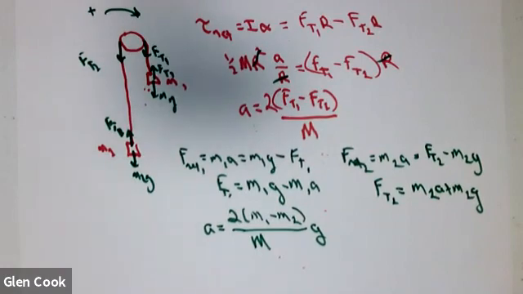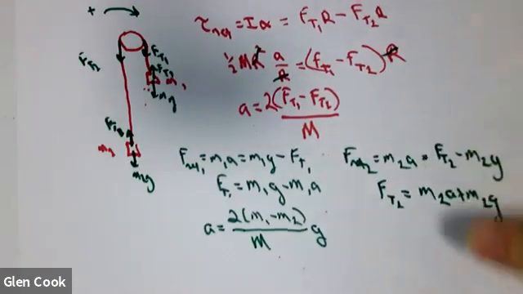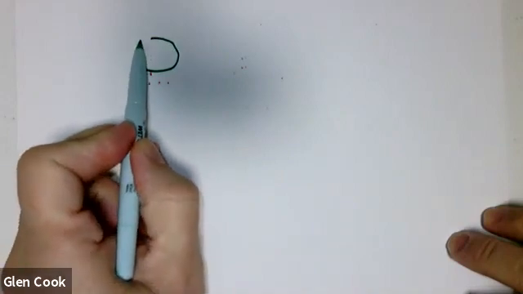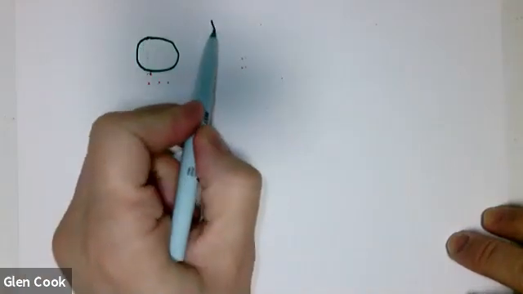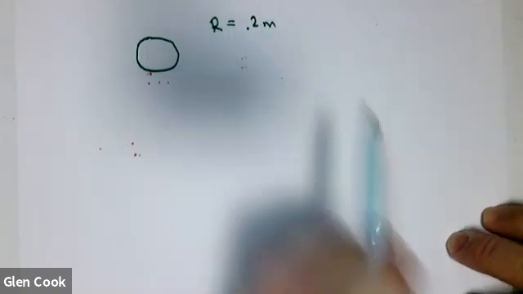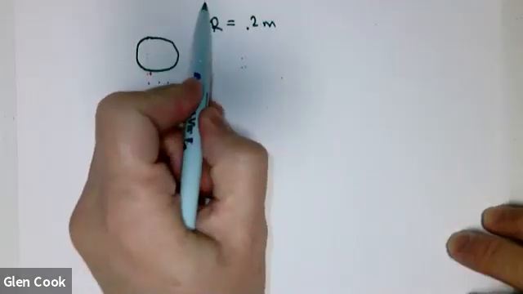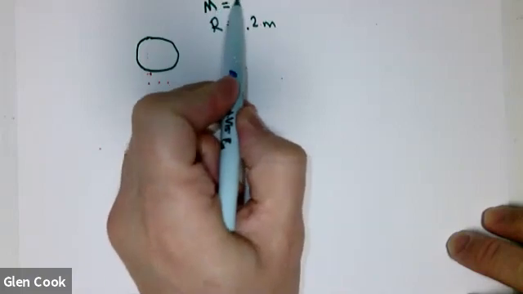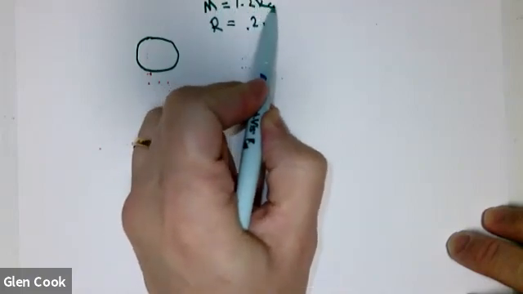Okay, so anytime you have a torque net, you may need to go through this process. So let me give you another little problem to think about. I'm not very good at drawing, so you're just going to work with me. Let's take a wheel whose radius, let's make it 0.2 meters to make the math simple to work with. We'll make the mass of that wheel 1.2 kilograms.